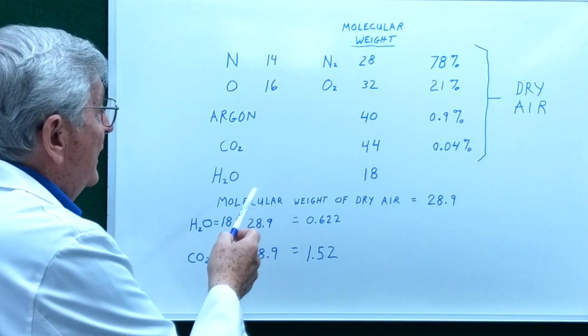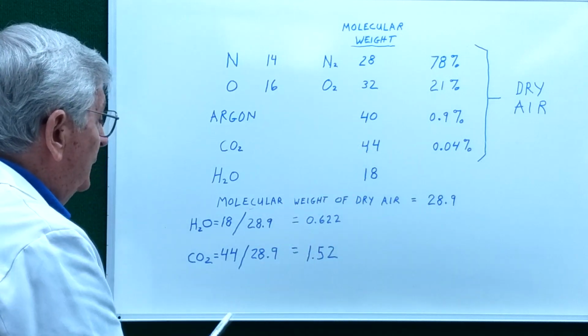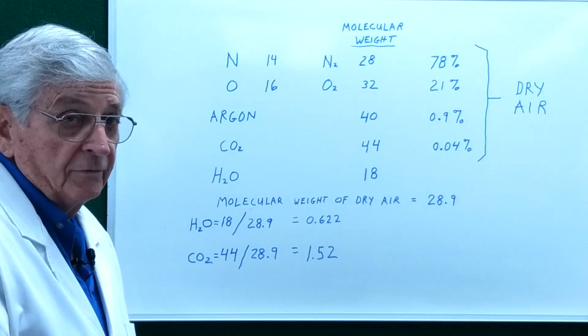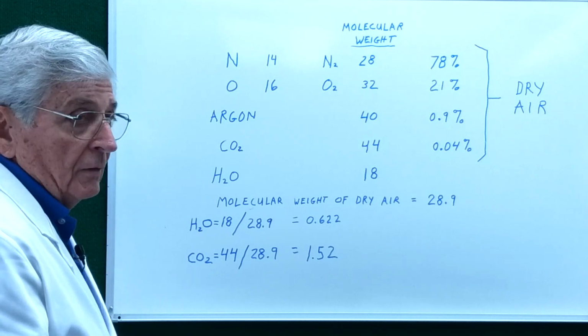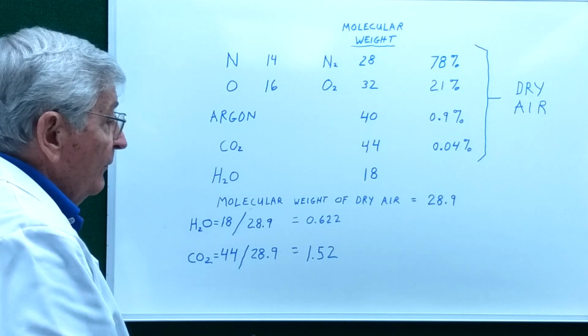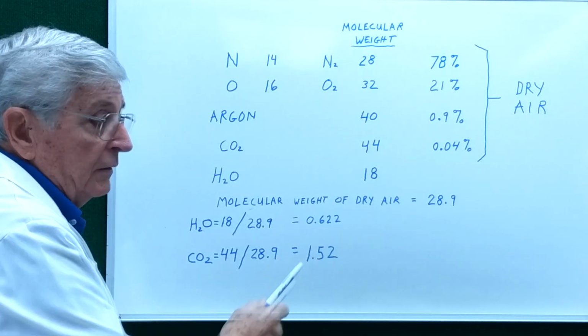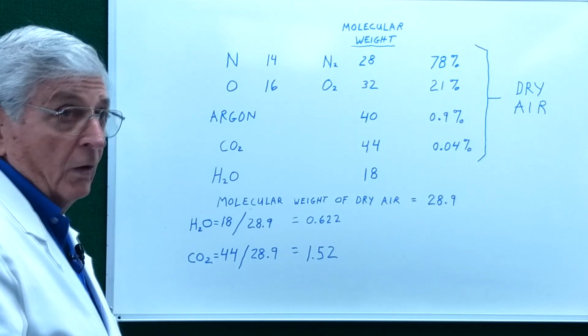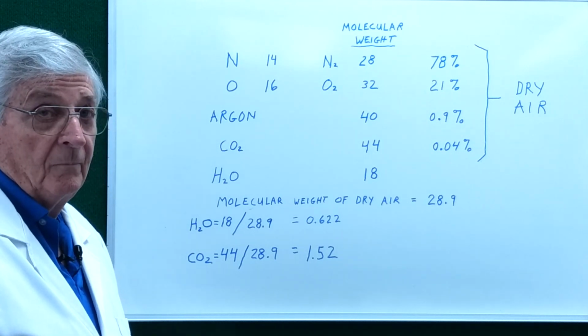Now if we do the same thing for CO2, we find that CO2 is 1.5 times heavier than air. So this plays an important role in some of the things that water vapor will do.